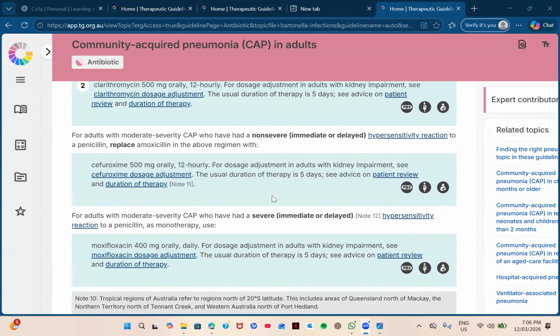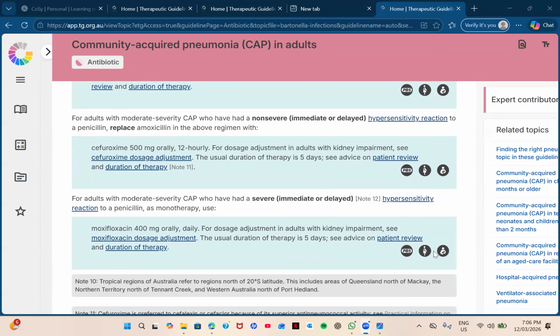For adults with moderate severity CAP who have a severe immediate hypersensitivity reaction to penicillin, as monotherapy you can use moxifloxacin.